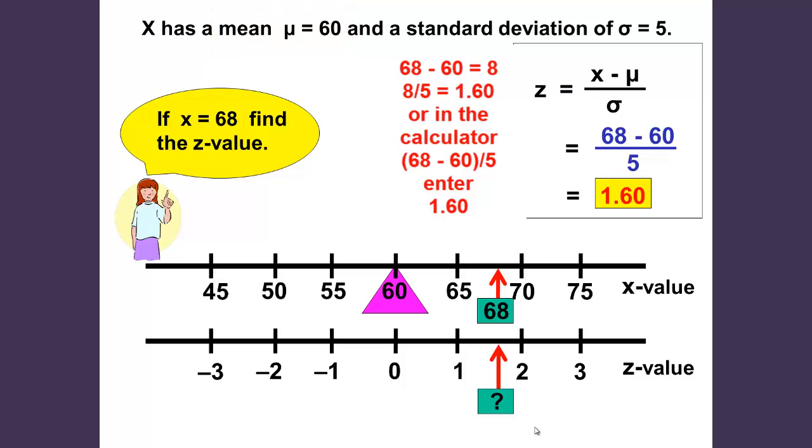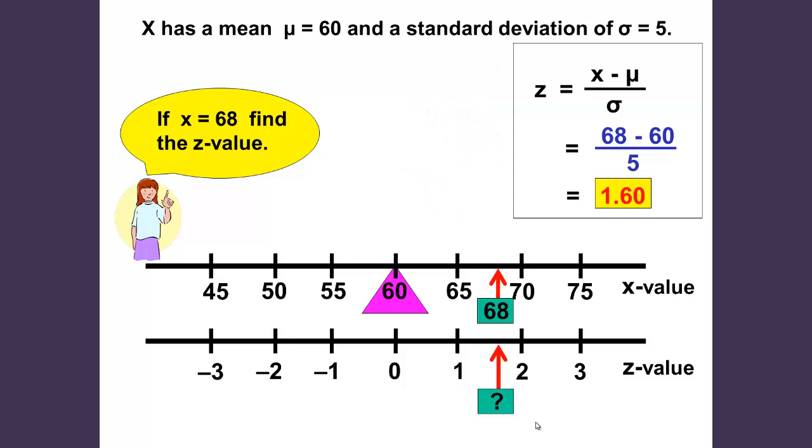And for later use, there is a reason, but we always want to round our z-scores to 2 decimal places. Z-scores are always rounded to 2 decimal places. So this gives us 1.60. Notice it is positive as it falls to the right of the mean. And 1.60 does fall between 1 and 2, just as 68 falls between 65 and 70.